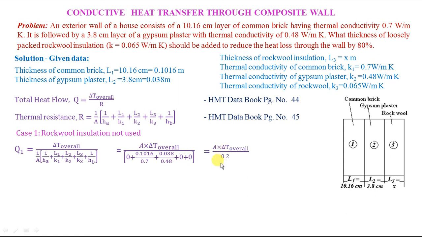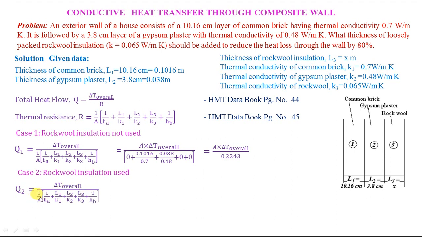So we will get A into delta T overall divided by 0.2243, that is Q1.